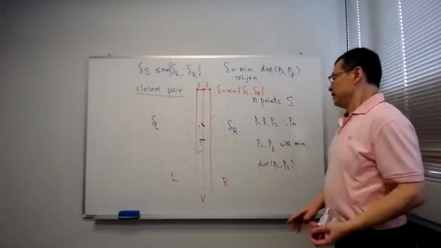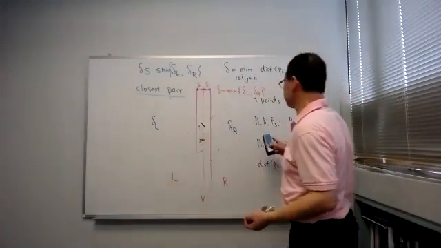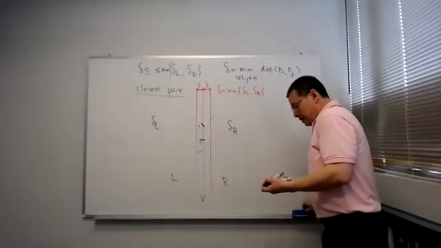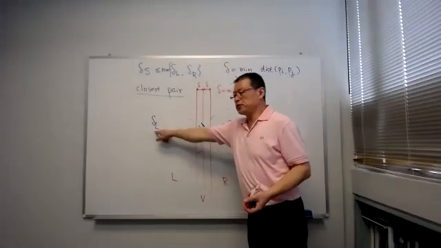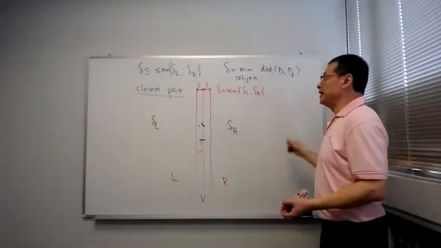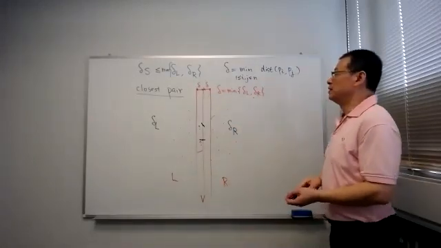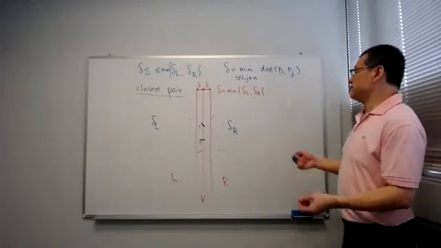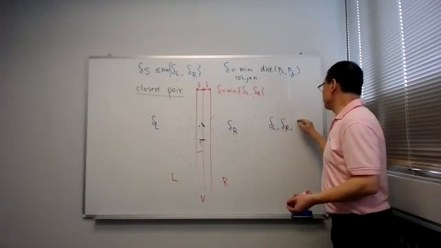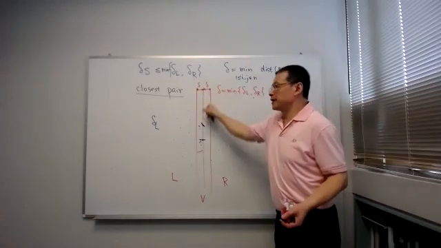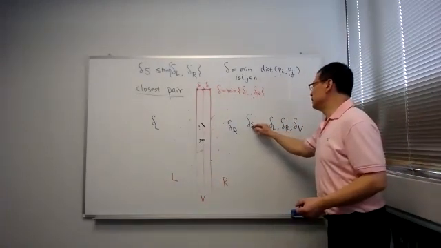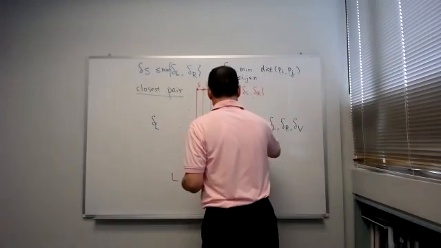All right. So now we have 3 values. We have a number from the left region, a number from the right region, and a number from this strip. All right, so we have 3 of them. We have delta L, delta R, and also delta B from this vertical strip.